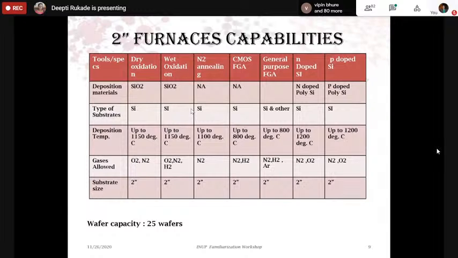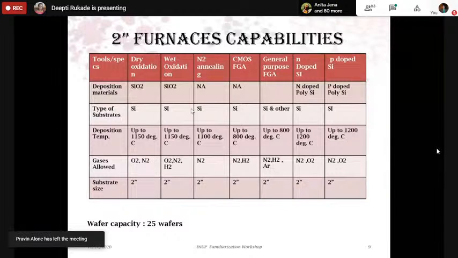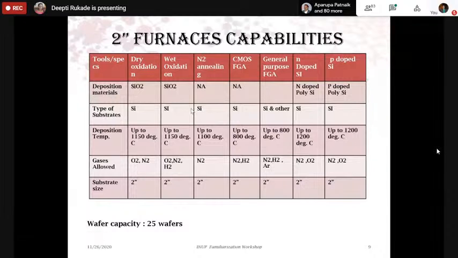microns of SiO2 layer using dry oxidation. If we move to wet oxidation, the process is quite similar to that of dry oxidation. The only difference is, along with oxygen, we also put in water vapor. It speeds up the growth, and you can get an oxide up to 1 micron.